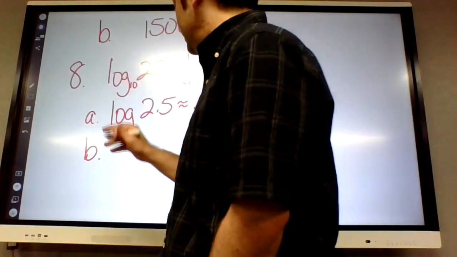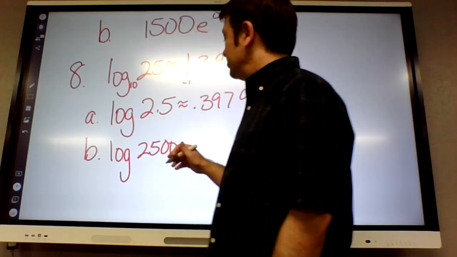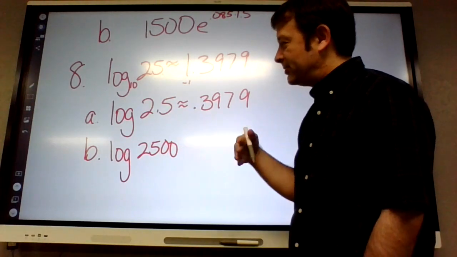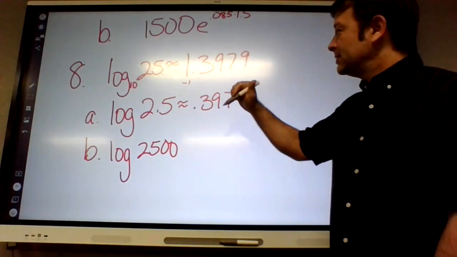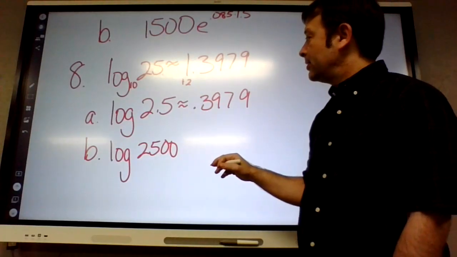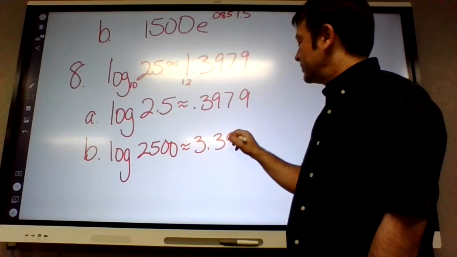B, the decimal is, how far did the decimal move? 2 to the right, which means it got 2 bigger. So that means the exponent should get 2 bigger. So it's 3.3979.